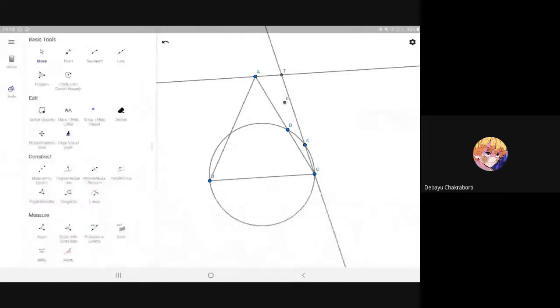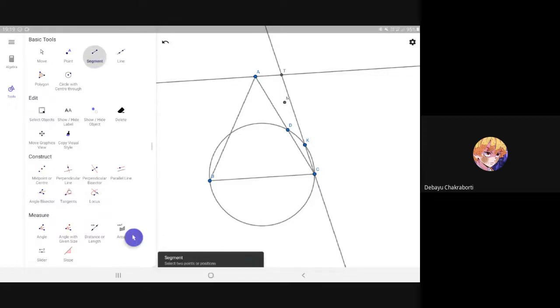So you are given an isosceles triangle ABC, and you take a random point D on the segment AC, right? And then you take a point K on the minor arc CD of the circumcircle of BCD, right? And then you extend CK, and let it meet the line parallel to BC through A at T, and let M be the midpoint of DT.